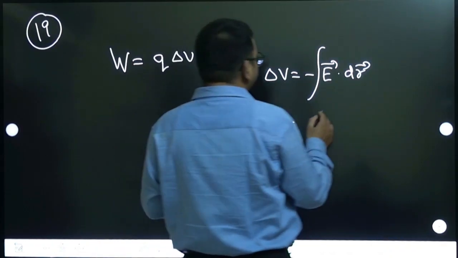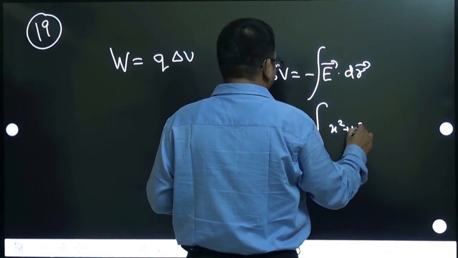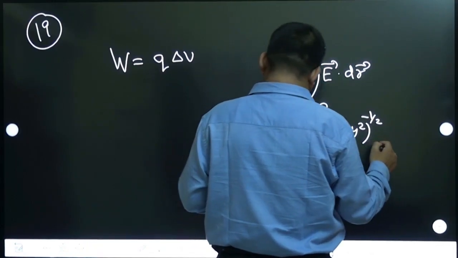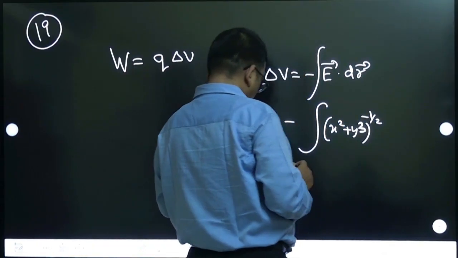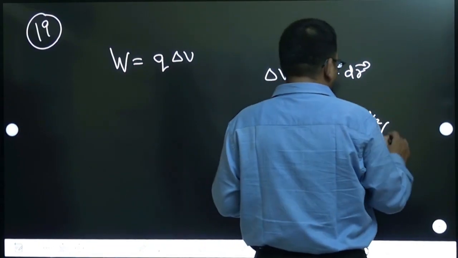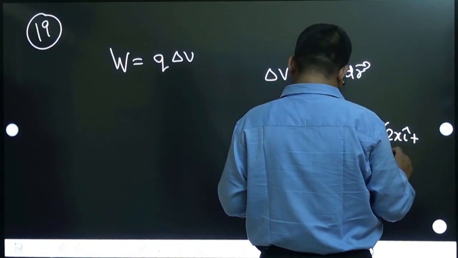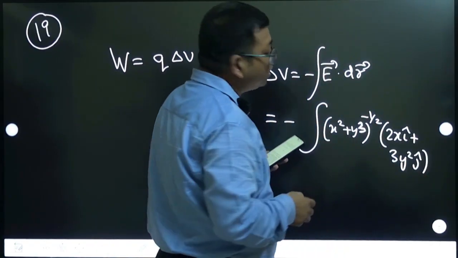Electric field they have given: x square plus y cube power minus half, sorry, x square y cube it is, square y cube power minus half into 2x i cap plus 3y square j cap. Dot product with dr. Dr is what?